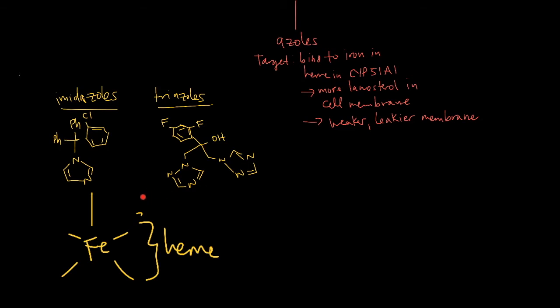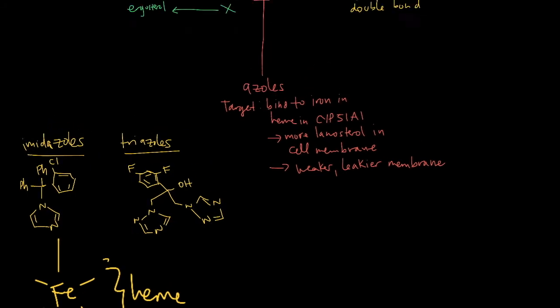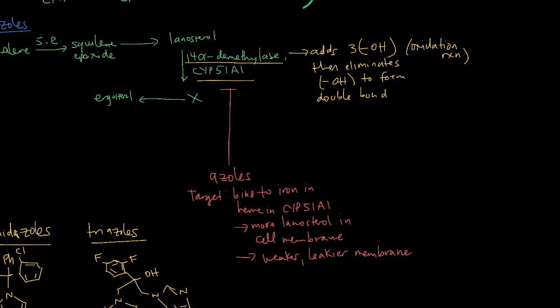So imidazoles or triazoles, or azoles in general, work by binding from this imidazole ring to the heme group in CYP51A1. By doing this, you prevent lanosterol from being converted to X by 14-alpha demethylase. By inhibiting CYP51A1, you inhibit ergosterol synthesis, and by inhibiting ergosterol synthesis, you inhibit fungal cell wall synthesis.